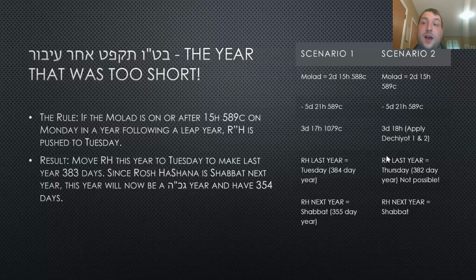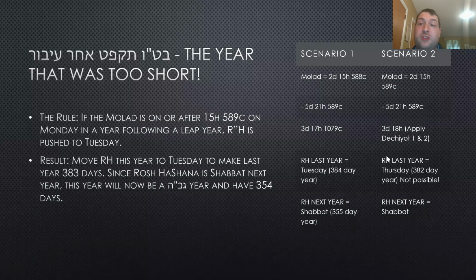That's the length of a Shana Me'uberet, that's the length of a leap year. Leaves us with last year, Rosh Hashanah was on 3 days, 17 hours, and 1079 chalakim. Okay? So because that's before Molad Zaken, Rosh Hashanah last year will be on Tuesday. This year, Rosh Hashanah is going to be on a Monday.